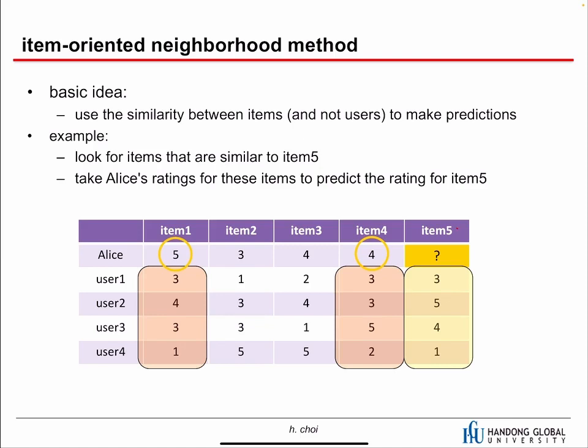Okay, so in this case, item 5 has labels here. And based on these 4-dimensional vectors, we can find the similar items. This one and this one are quite similar. Then this one has 5 and this one has 4. Then what would be the number in this cell?